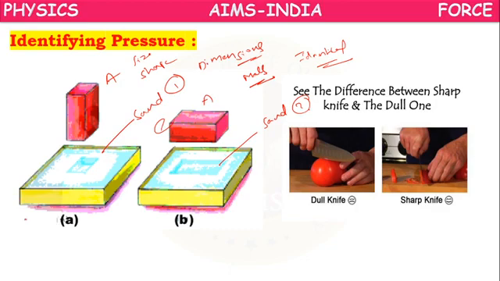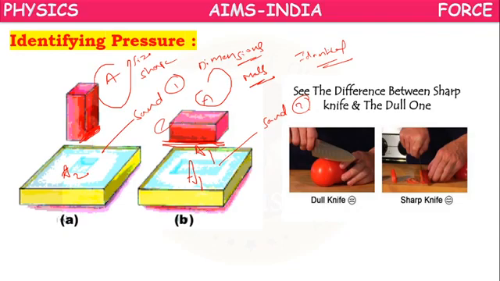We are keeping them in the boxes containing the sand such that here the A1 surface is in contact with the sand, and here the A2 surface is in contact. A1 is the more surface area in contact, and A2 is the less surface area in contact.